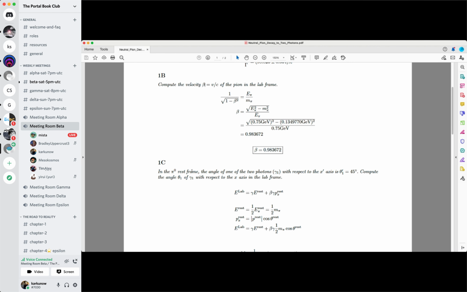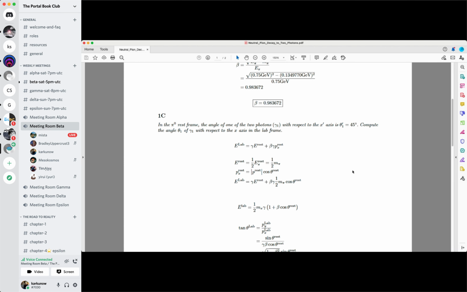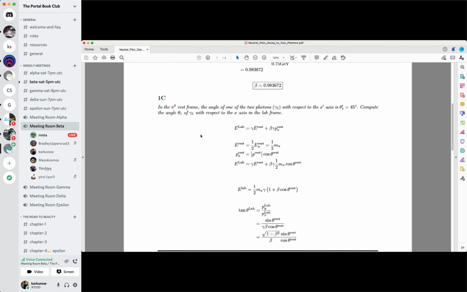And so we're told that in the rest frame of the pion, the angle that one of the photons makes with the x-axis is 45 degrees. So we're asked, what does this angle look like in the lab frame? The way that I go about solving this is I do an inverse Lorentz transform just on the zeroth component of 4-momentum, right?